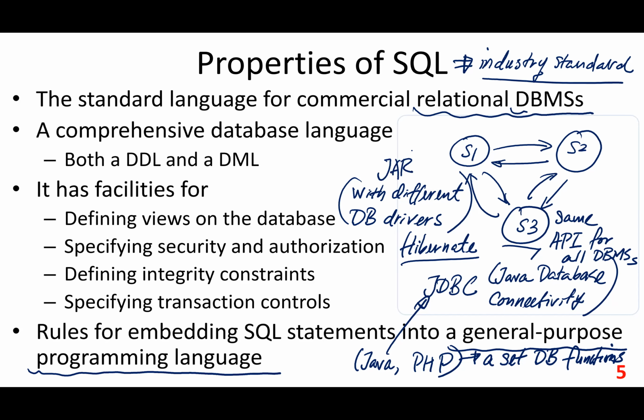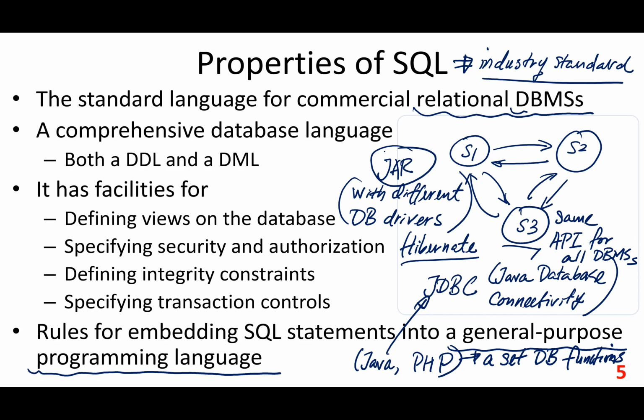JAR file, Java archive, Java library archive file, JAR, okay? For Oracle, you need to use the Oracle library driver file, and so on. Well, in PHP, we do not have driver files, right? You don't need to download driver files. You just call the appropriate functions.